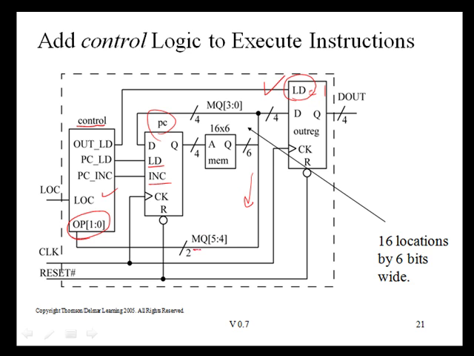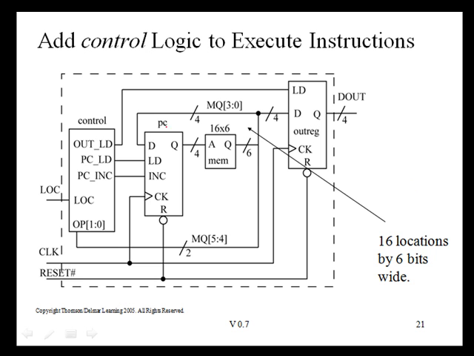Recall that our opcode is in the top 2 bits of our memory bus, so bits 5 and 4 will be the 2 bits of our opcode. This control logic will also make decisions based upon the current value of the input.